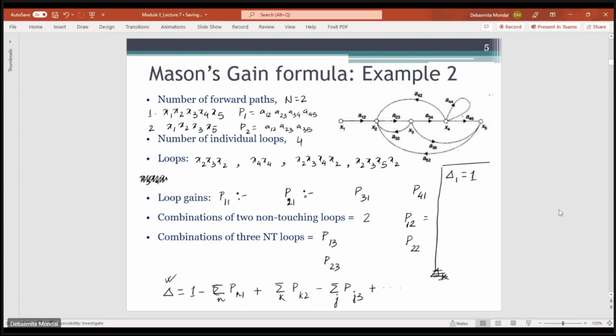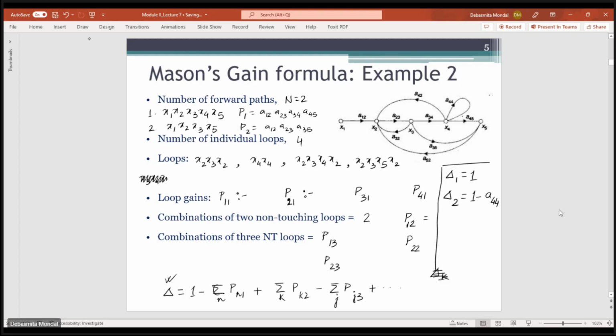That means the value of delta 1 will be equal to 1. But when you consider the second forward path, which moves like x1, x2, x3 and goes to x5 directly, you see that this loop, A44, is not touching this forward path. So the value of delta 2 will be equal to 1 minus A of 44.